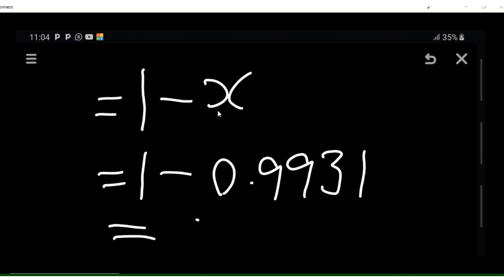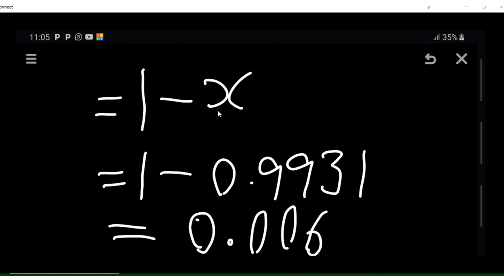Let me write it again. I say 1 minus 0.9931. So I get 0.0069, 3 decimal places.